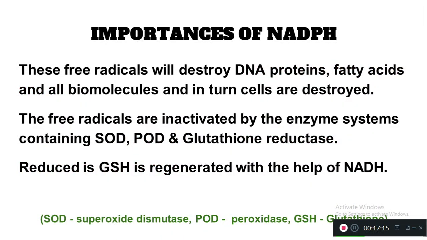If these free radicals are not removed from our body, they will destroy DNA, proteins, fatty acids, and other biomolecules in the cells. These free radicals are inactivated by enzyme systems containing SOD, POD, and glutathione reductase.